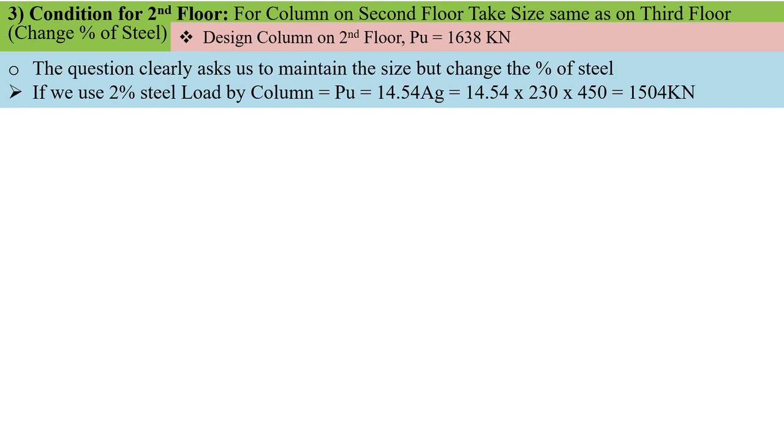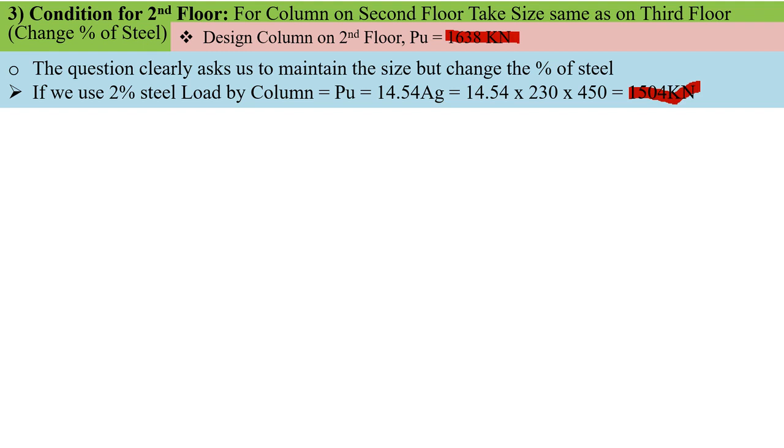First we are going to try with 2%. When I am taking 2% of the steel, Pu equals 14.54 Ag. When you multiply with the gross area, the dimension of the column we have kept the same as for the third floor, that is 230 by 450, I am getting Pu equals 1504 kilonewton. But our requirement is much more than that, that is 1638 kilonewton, and I am only getting 1504 kilonewton.